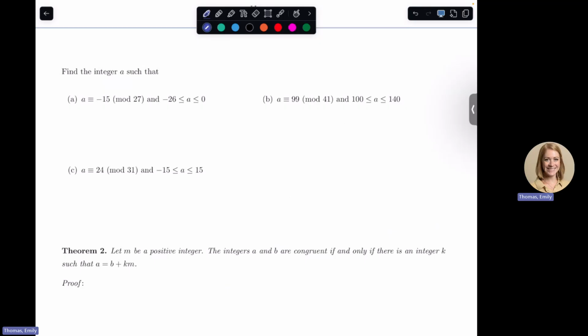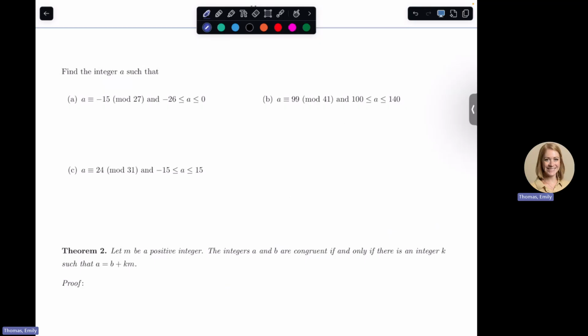Now, if I wanted to have the same remainder mod 27 as -15, how would you get the next one? You can just add or subtract multiples of 27 and you'll be in the same spot mod 27.